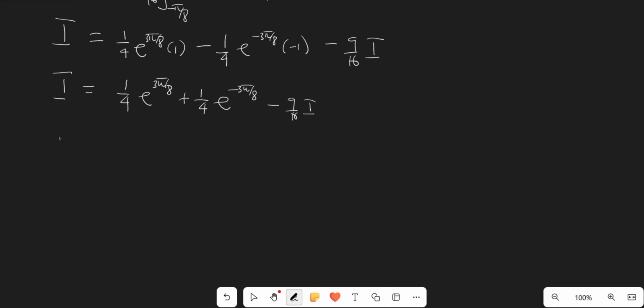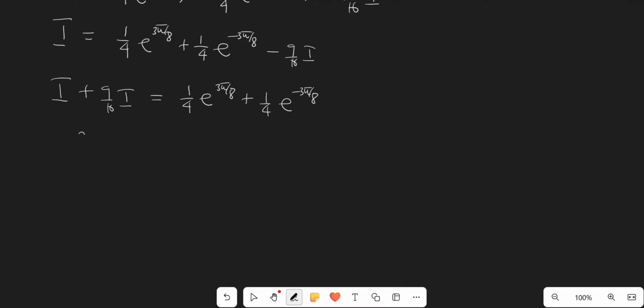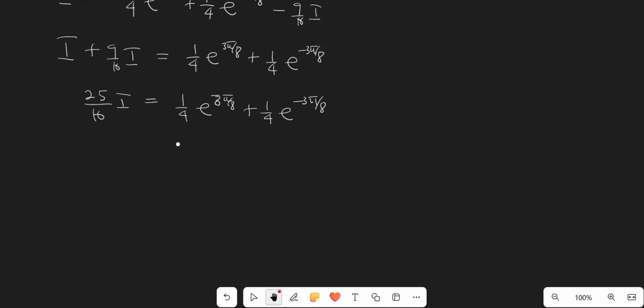We can gather like terms, so this is I plus 9 over 16 I will be equal to 1 over 4 e to the 3 pi over 8 plus 1 over 4 e to the negative 3 pi over 8. So adding this one is going to be 25 over 16 I, and that is equal to 1 over 4 e to the 3 pi over 8 plus 1 over 4 e to the negative 3 pi over 8.